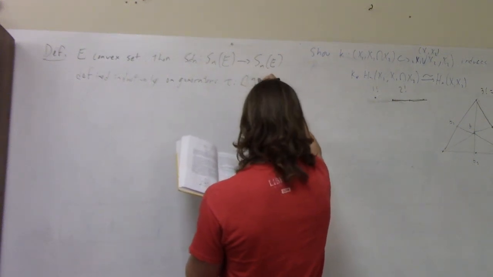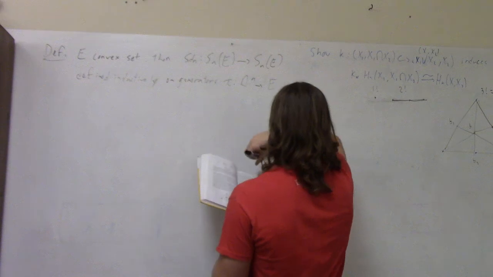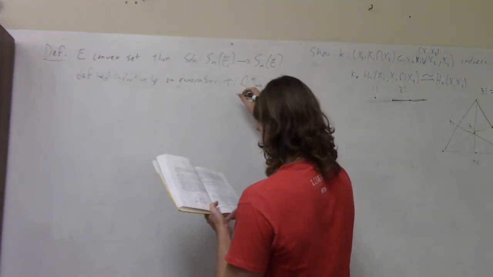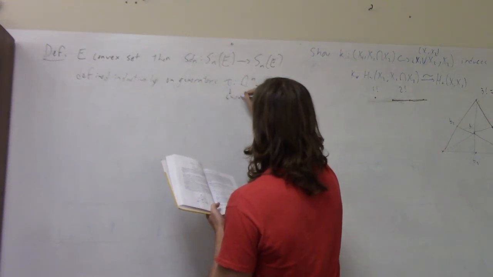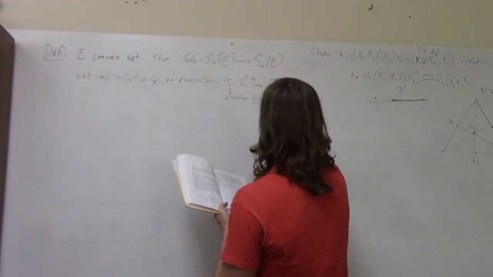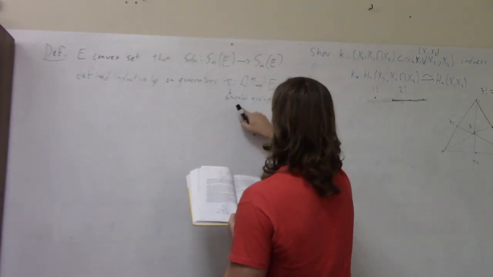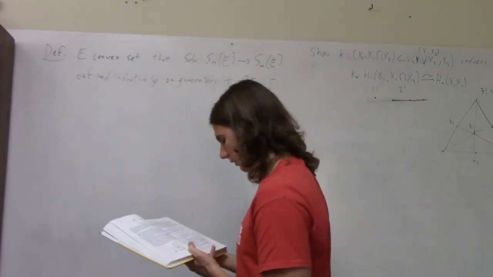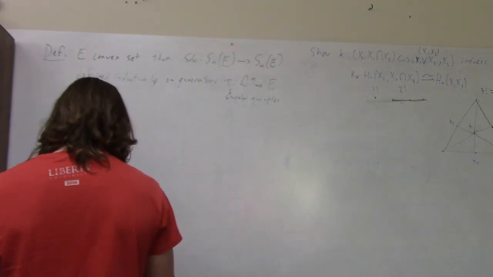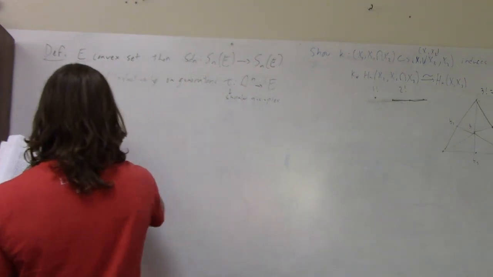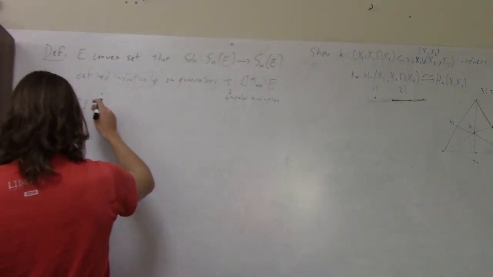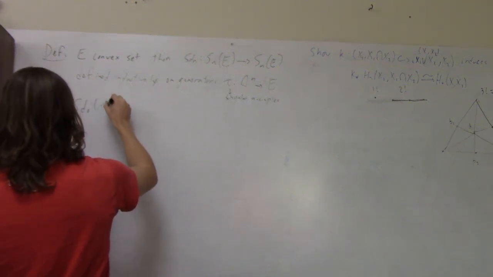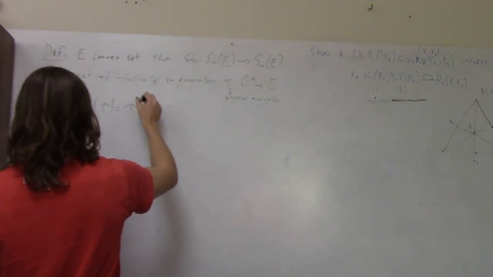So these generators are, I believe, the singular n simplexes. So basically just a mapping from the standard n simplex into E, as follows. So SD, well, n equals 0, SD 0 of tau is just going to be equal to tau.